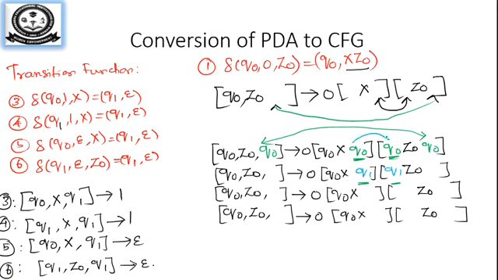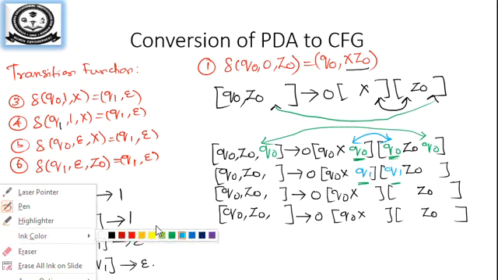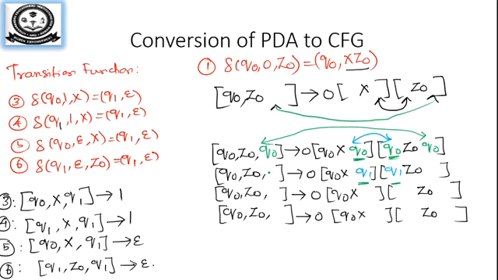The reason I am writing in this fashion is that once it comes as the end state, in the next production rule it should be the starting state. So for Q0, you will have two sets of production rules. So I will take it as Q0 and Q0. Now let me take another color. If it is Q1, the final state will also be Q1.